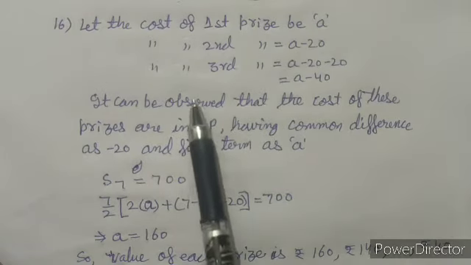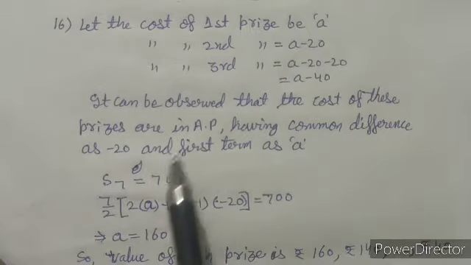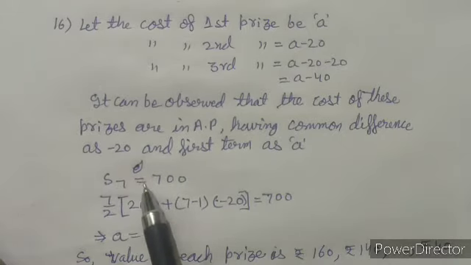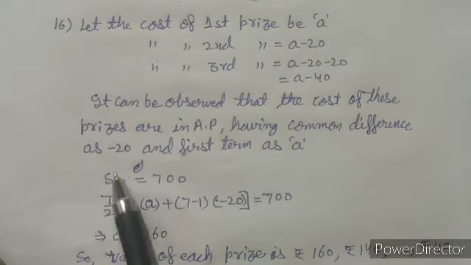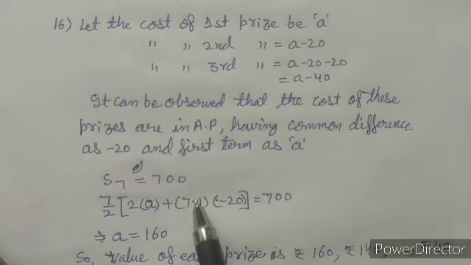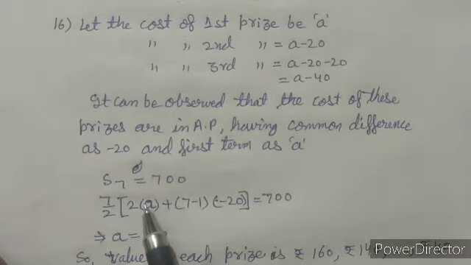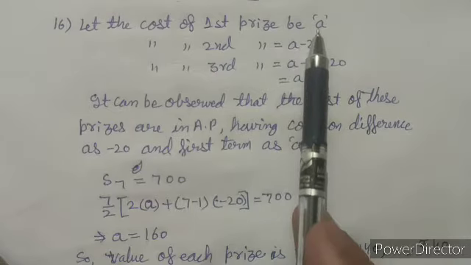Now the total sum distributed is given to us in 7 prizes. The number of prizes is 7 and the total sum given in 7 prizes is rupees 700. So we can say that S7 is equal to 700. Now S7 will be 7 by 2 into 2A plus 7 minus 1 into D, and on putting the values of A and D we can get the value of A, and that was our first prize.